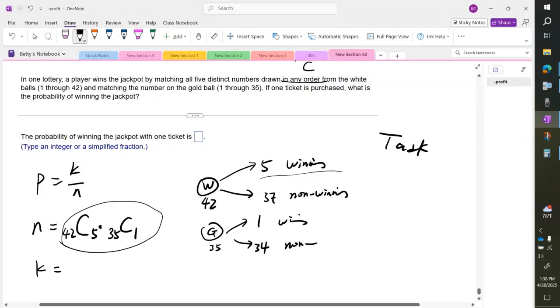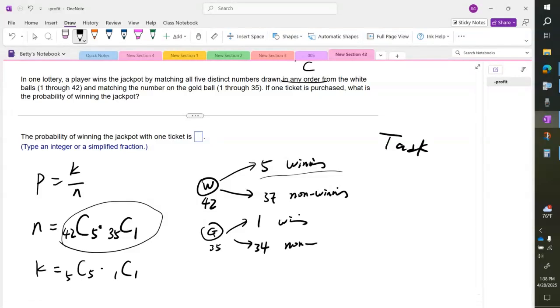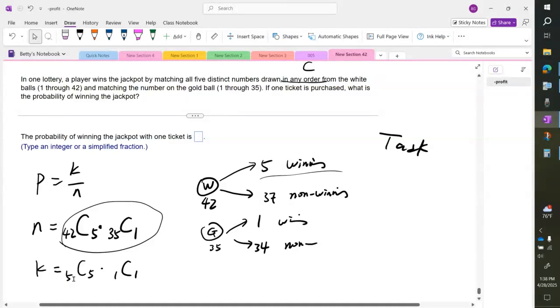In order to win the lottery, the player has to match the 5 winning numbers on the white balls and 1 winning number on the gold balls. Suppose the player has a superpower. He knows which 5 numbers are winning numbers. He grabs the 5 winning numbers from the available 5 winning numbers, and then grabs the 1 winning number on the gold balls.